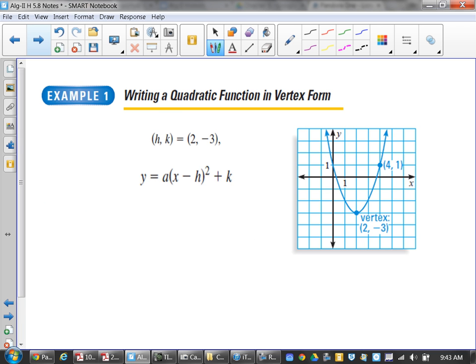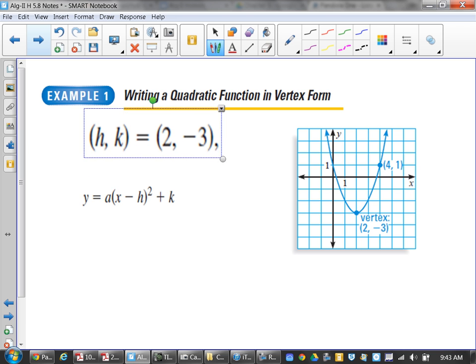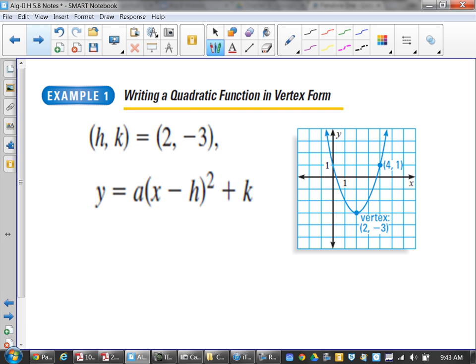Writing an equation of a function in vertex form. What I want to do here is I'm going to have a vertex and some point on the curve.